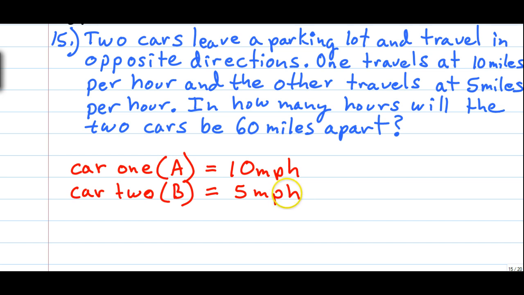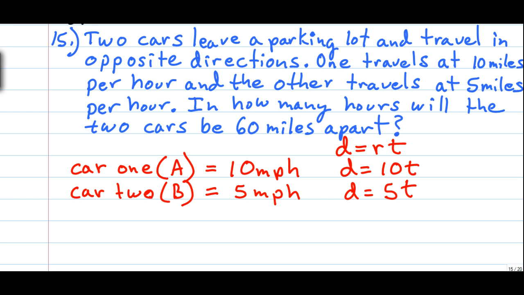We're being asked that when their two distances are summed together, it equals 60 miles. We also know that the formula for distance is rate times time. So car 1's distance will be calculated by its rate of 10 miles per hour times some time, t, that's unknown at this time. Then car 2, or car B, its distance is going to be 5 miles per hour times t.